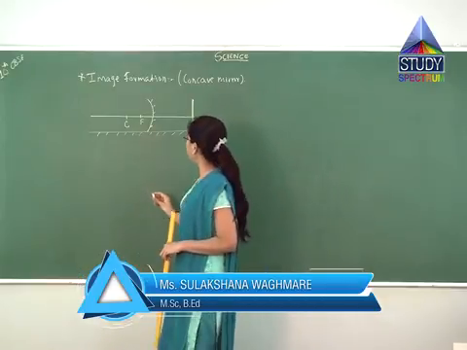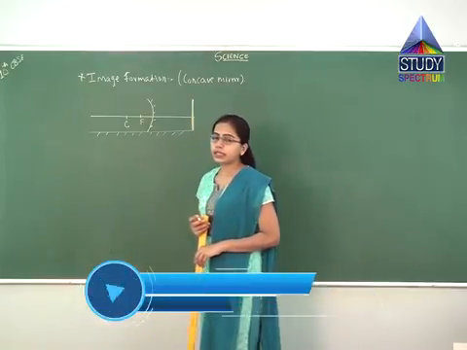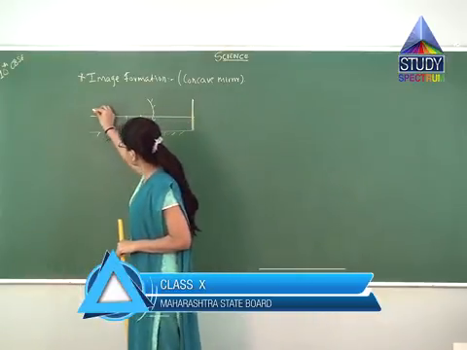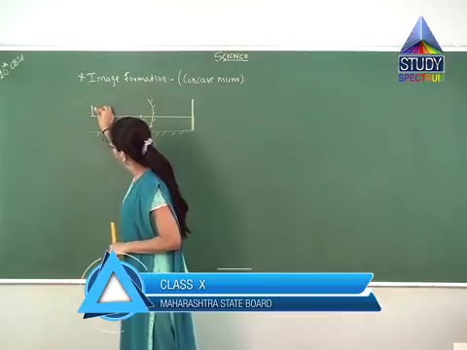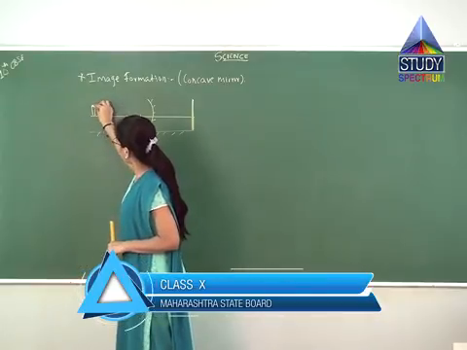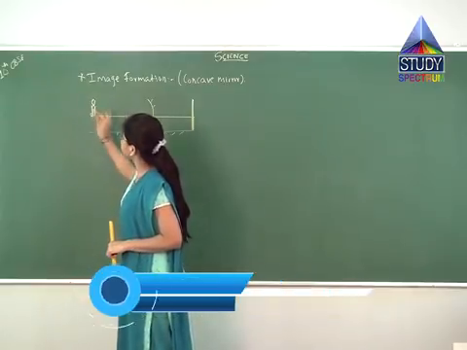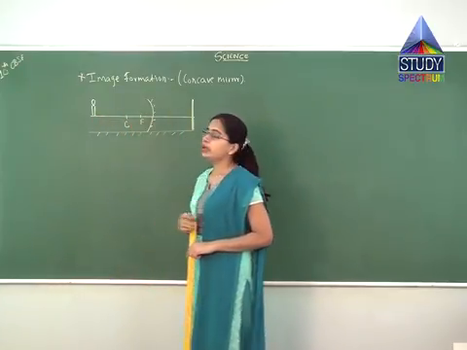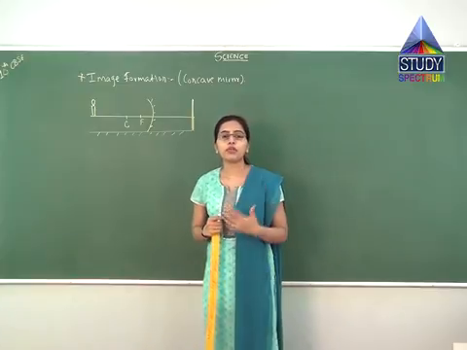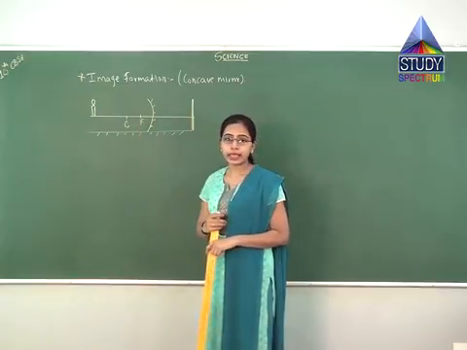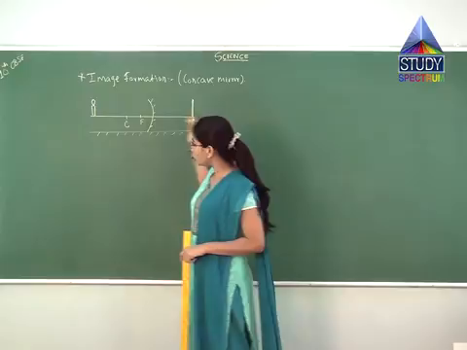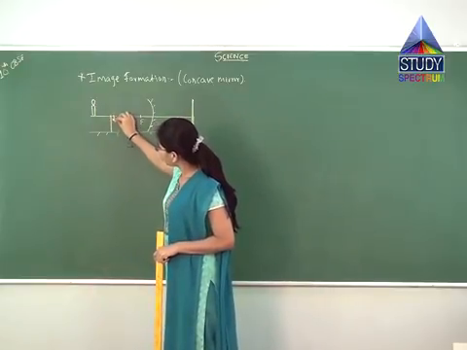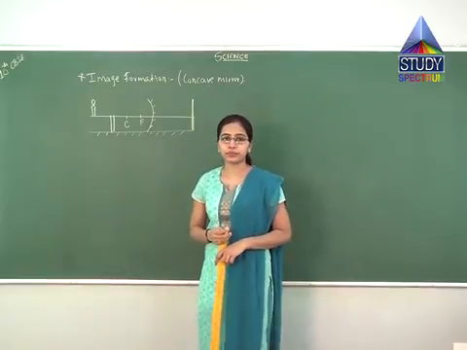So you can perform this experiment. Suppose you are placing one candle here, and accordingly you will observe the formation of the image of the candle, which you can observe by putting a screen somewhere here.